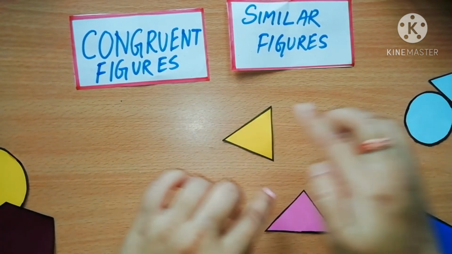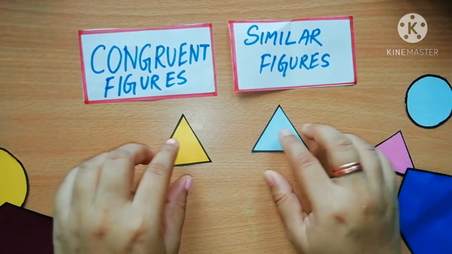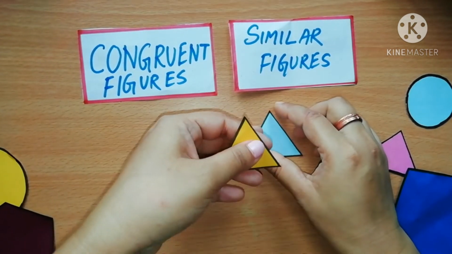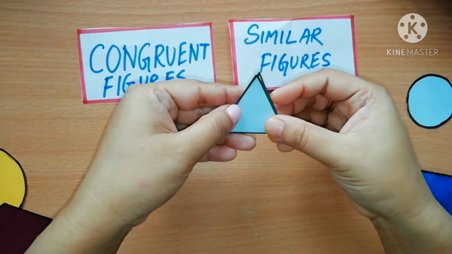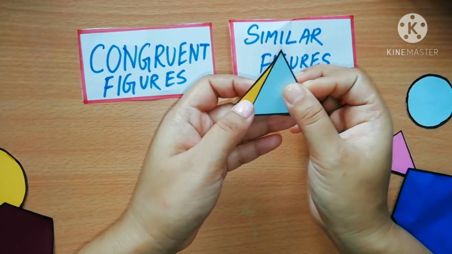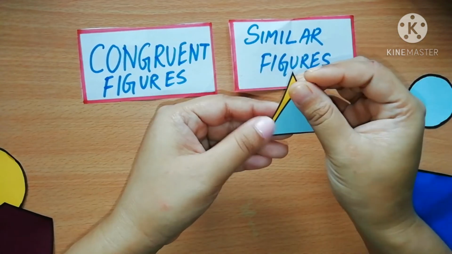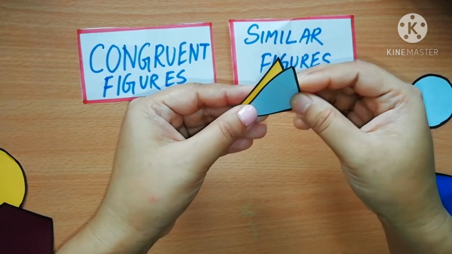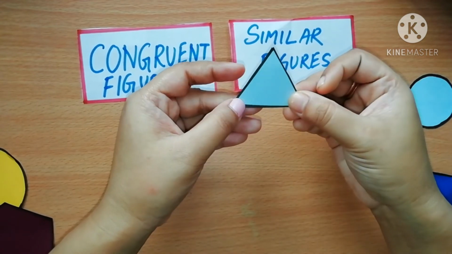In case of triangles, these two triangles will overlap. Even if you rotate both, they will overlap.